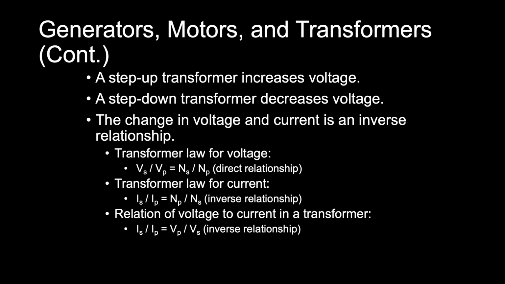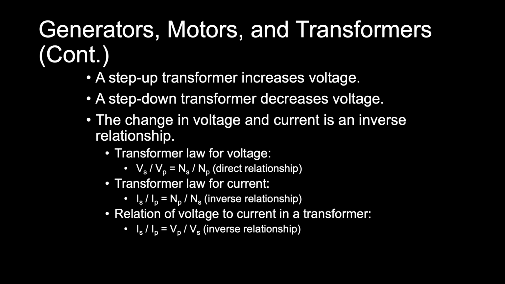The transformer law for current is Is divided by Ip equals Np divided by Ns. And this is an inverse relationship. So for an example, if a transformer has 10 turns in the primary, 50 turns in the secondary, and 5 amps is applied, what is the output current?